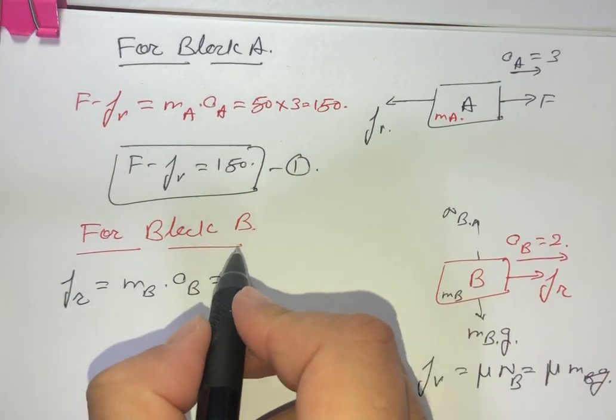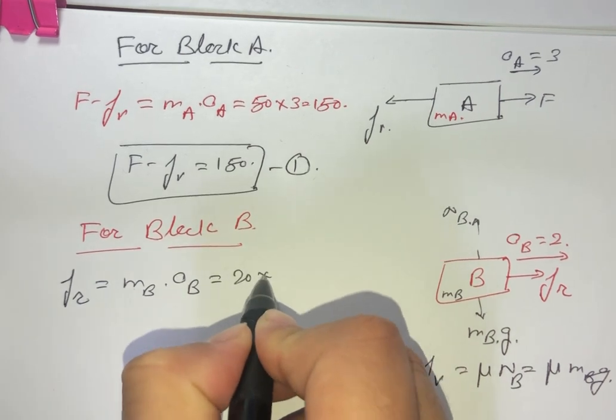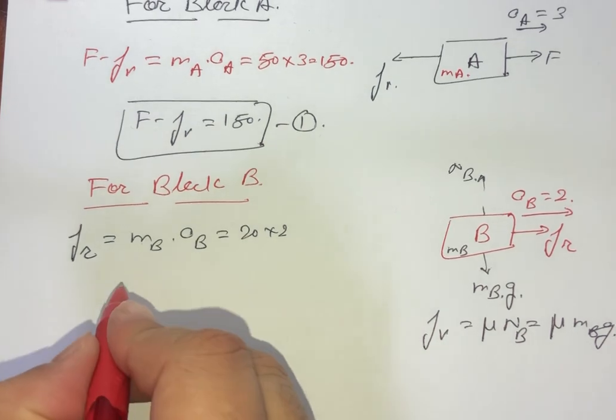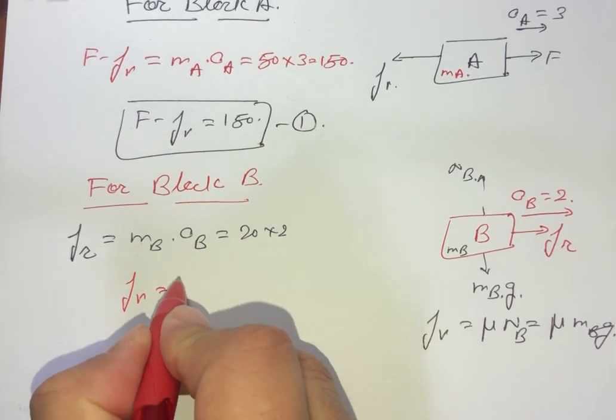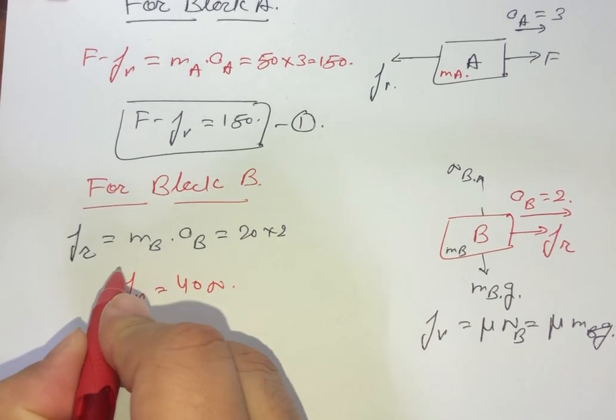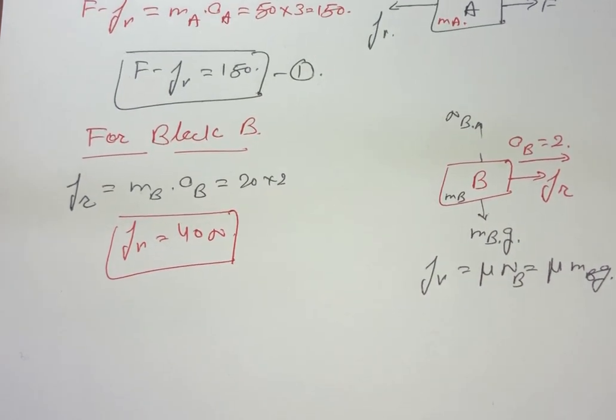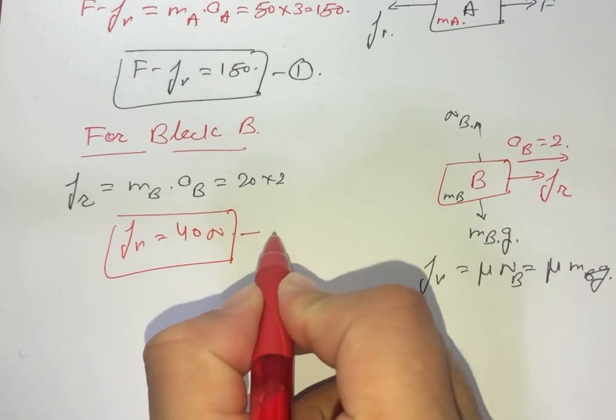MB is given as 20, AB given as 2, so we get Fr is equal to 40 Newton. Let us call this equation number 2.